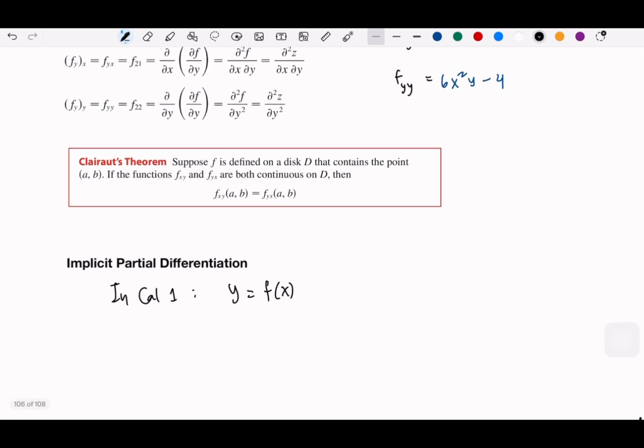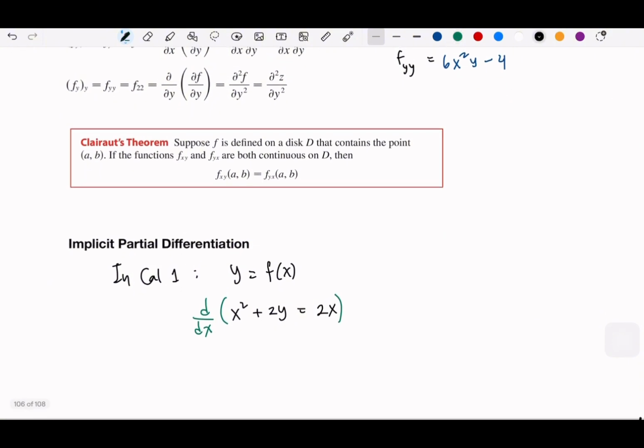And then suppose that we have x squared plus 2y equal to x. We can immediately derive this implicitly. Implicitly means that we are going to take all of this with d/dx. For variable x, no problem. We could just deal with them easily as usual.